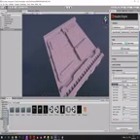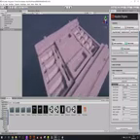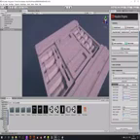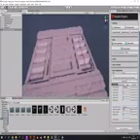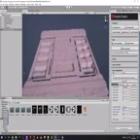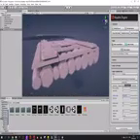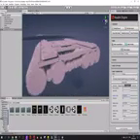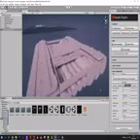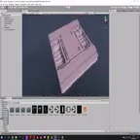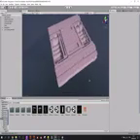I can also load in my other file, and this is then the result. So in the game engine we can easily control all the values and find what we are looking for.